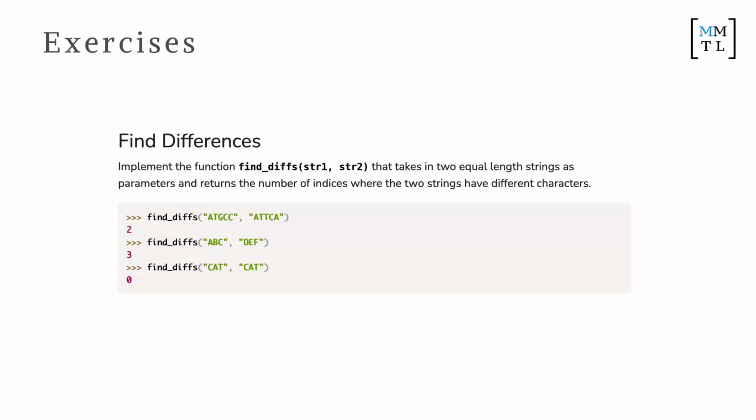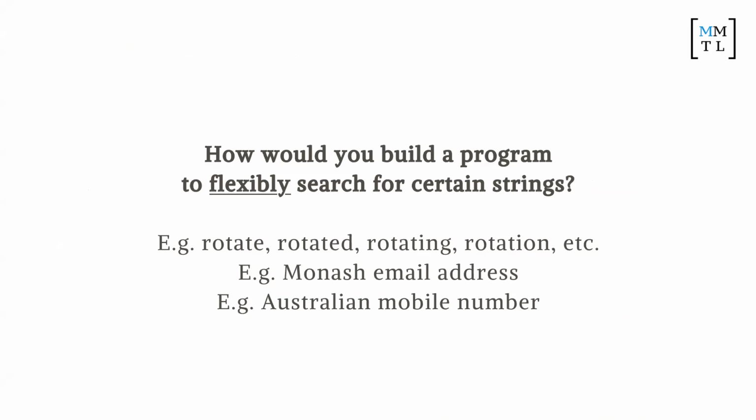All right, so some exercises which you can do at home if you'd like. We're going to go through this for the next 10 minutes and then you can go out to lunch. How would you build a program to flexibly search for certain strings? When we're dealing with strings, there are some cases where you need to find exact words, like when you Control F something. But sometimes you don't know what the word actually is, but you know the format.